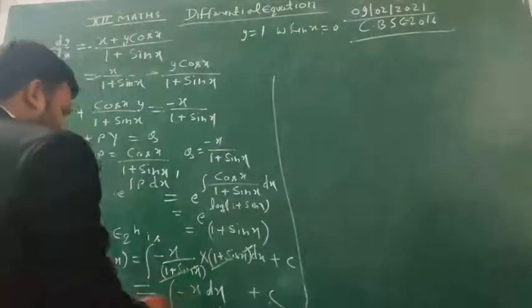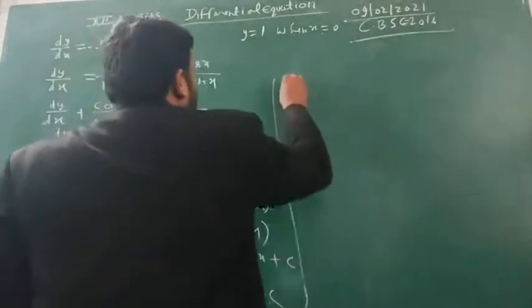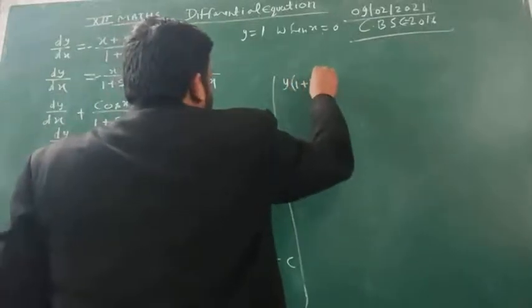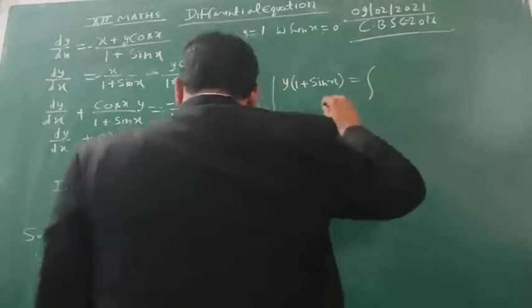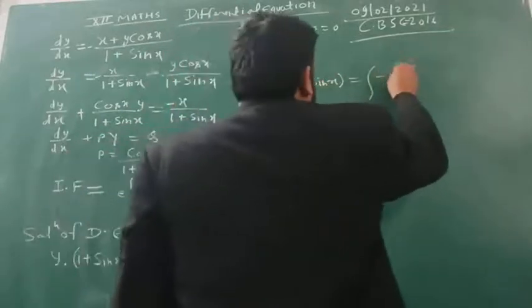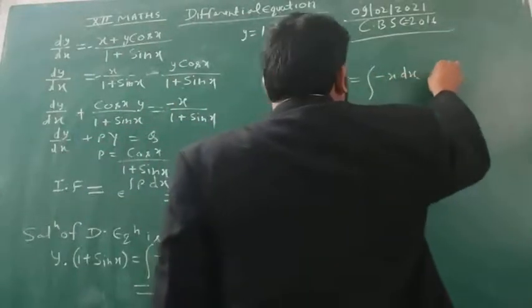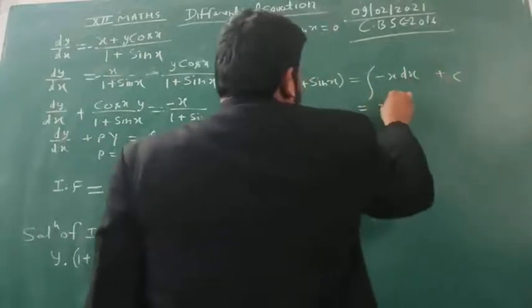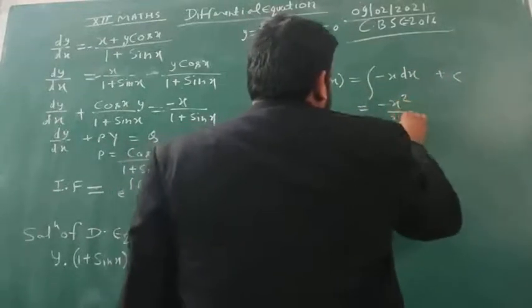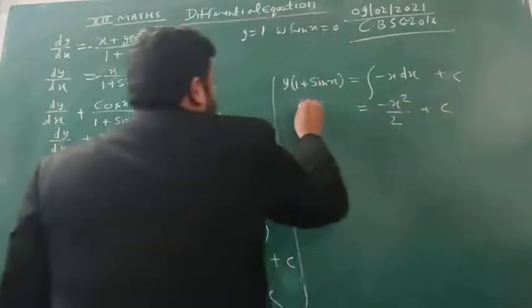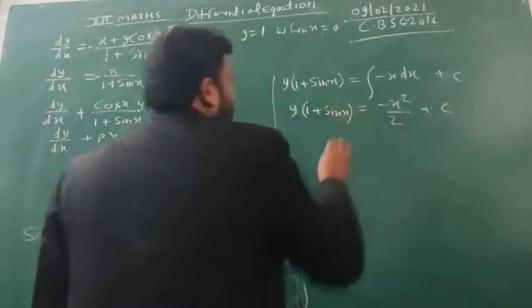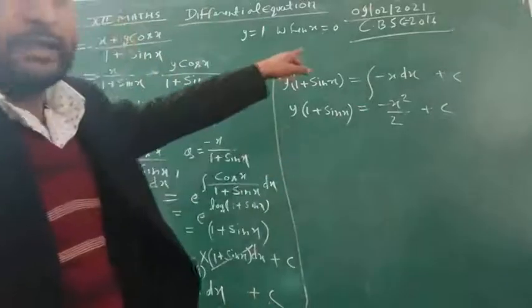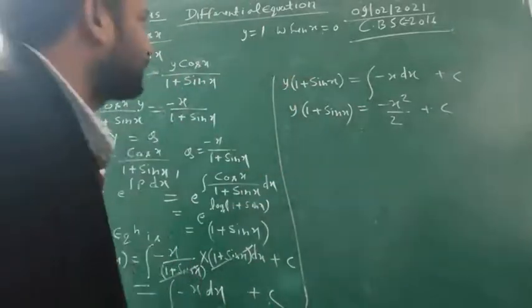Now we write y times 1 plus sin x is equal to the integral of x dx plus c, and on integration we can write x square by 2 plus c. Now we have to put x is 0 and y is 1.